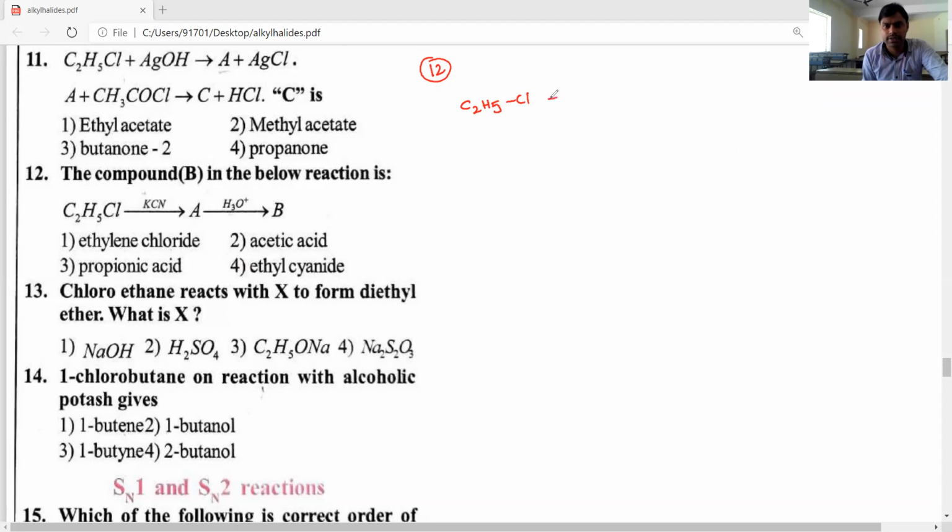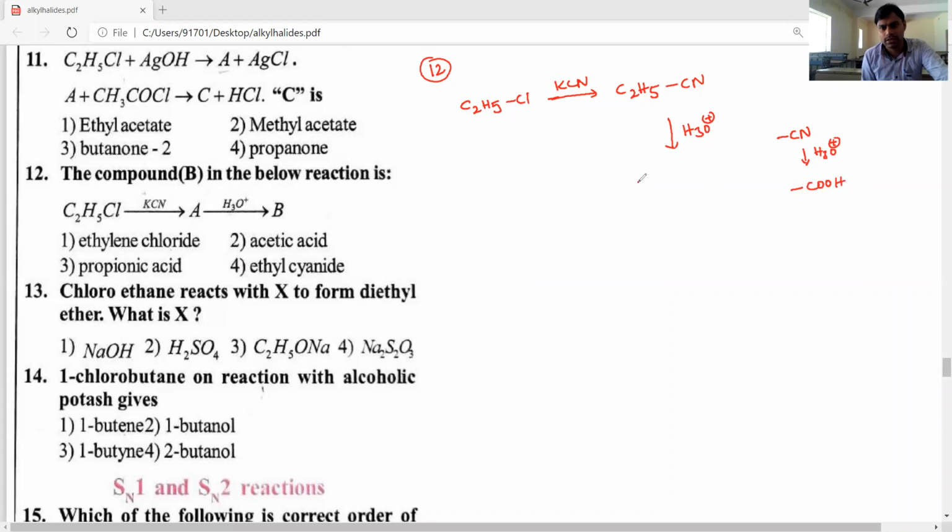C2H5Cl is treated with potassium cyanide KCN. The product is C2H5CN, cyanide. The cyanides on complete hydrolysis in acidic medium, the CN group is converted into carboxylic acids.